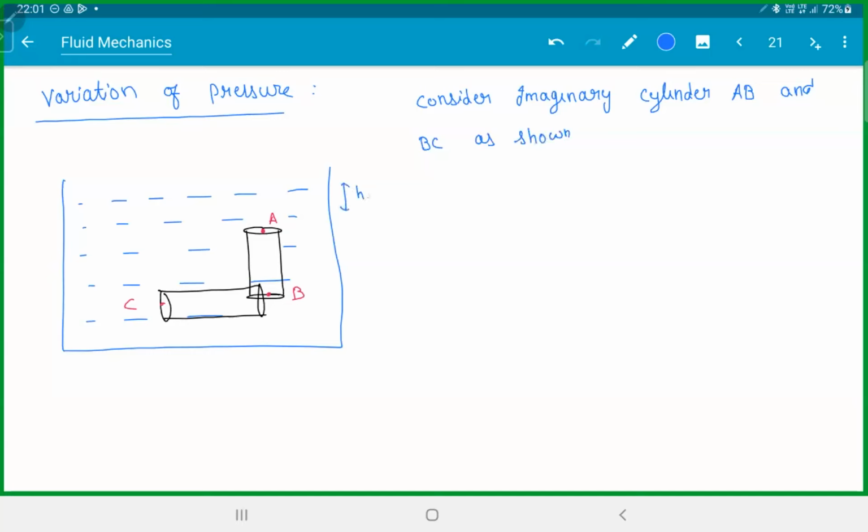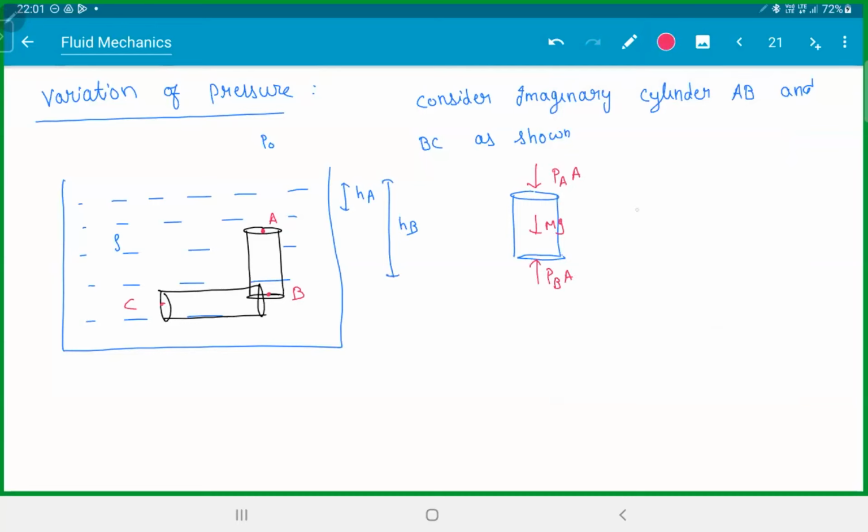Let this height be HA. The atmospheric pressure is P naught. This height be HB. Density of the liquid is rho. Now if I draw the cylinder here and write the forces acting on this: pressure at A into area, your own weight mg, and pressure at the bottom, PB into area.